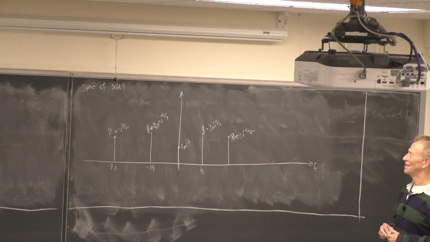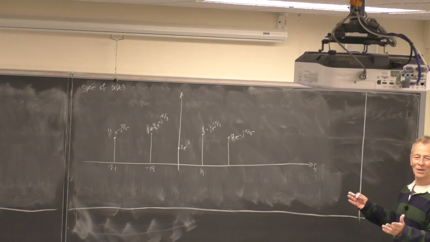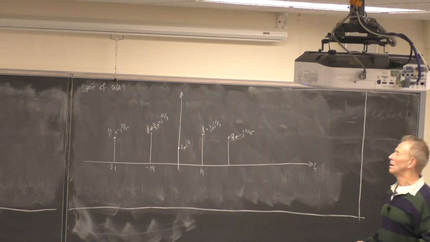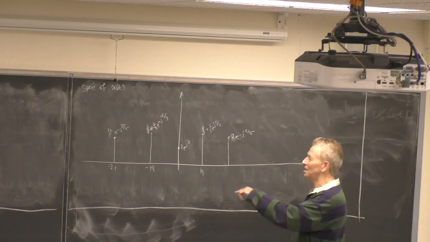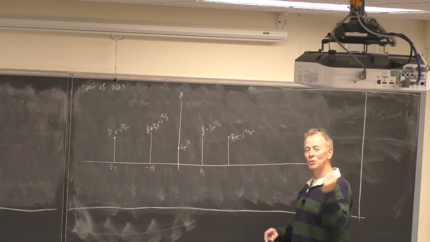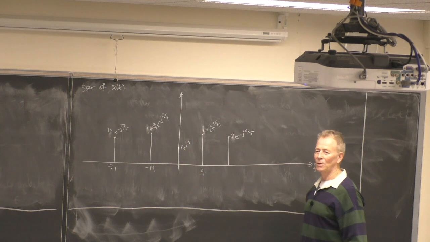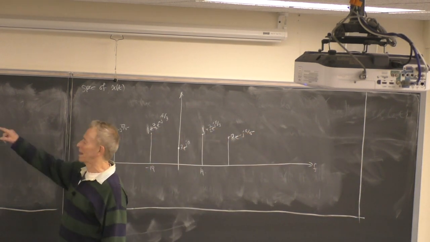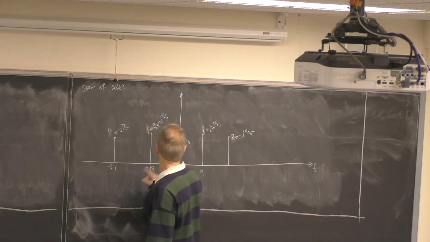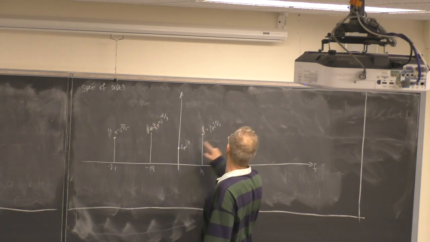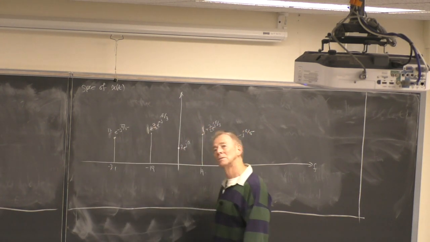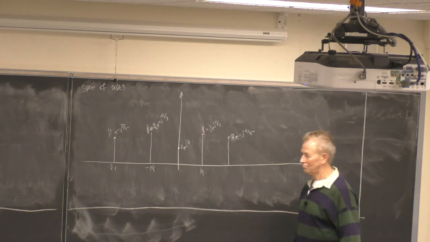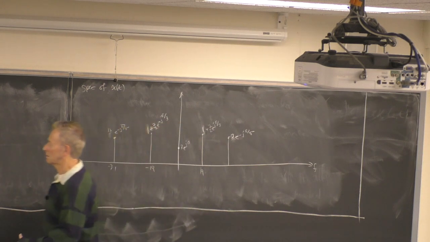Does everybody see what the error was and how I fixed it? x of t is not just x1 plus x2, it's x1 plus 2x2. So I needed to multiply this spectrum by 2 before I add it to this one. And that's why the 1/2 becomes a 1, and the 13/2 becomes a 13. Very good. Good spot there.